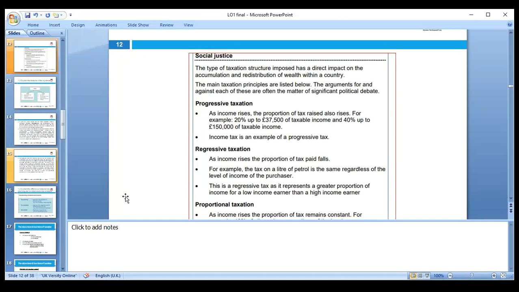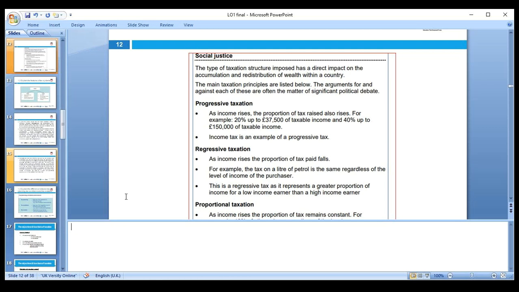Okay, here we have some examples. What is progressive? Income rises and the proportion of tax rises, for example 20% on 37,500 and 40% on more than that. Regressive is income rises and the proportion paid falls.